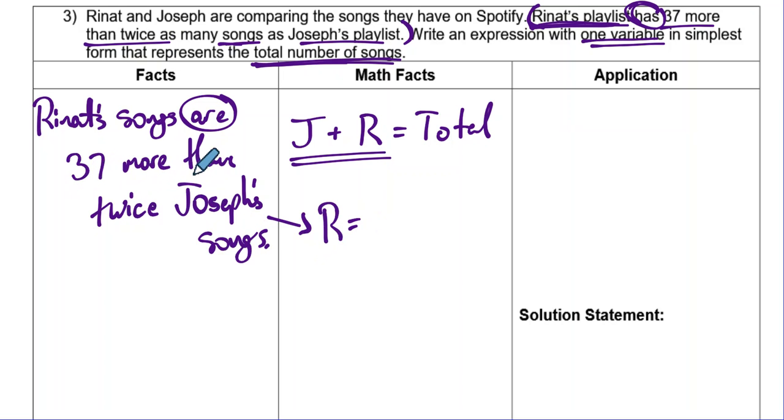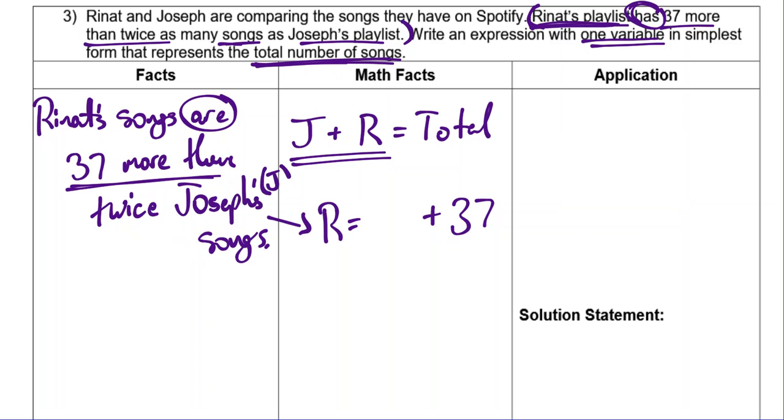So if I have 37 more than something, that means I'm starting out with something and I'm adding 37 to it. So 37 more than is this plus 37 part, and the beginning part is this number, twice Joseph's songs. I don't actually know what that number is, but if I'm labeling Joseph's songs, actually let me label that here.